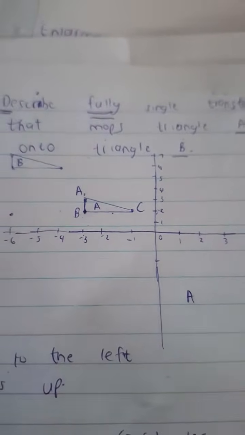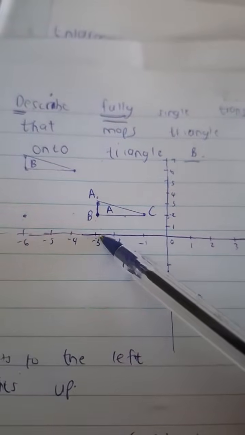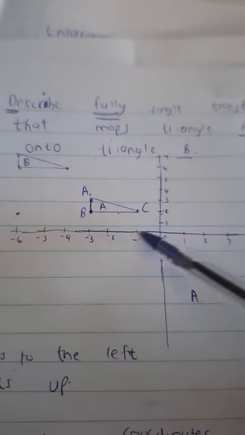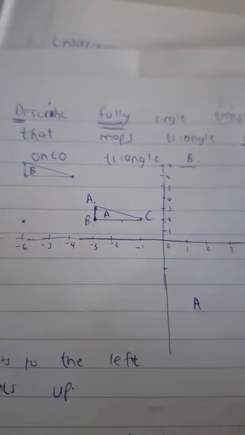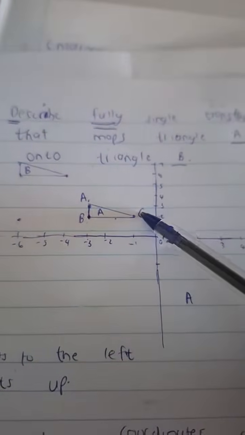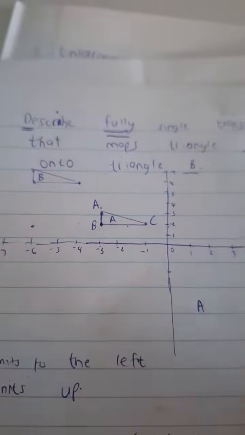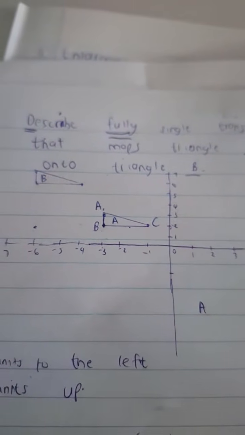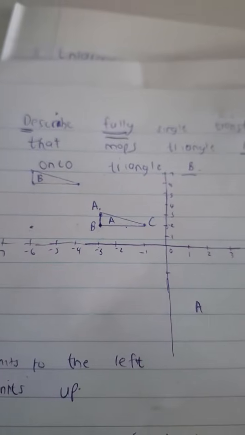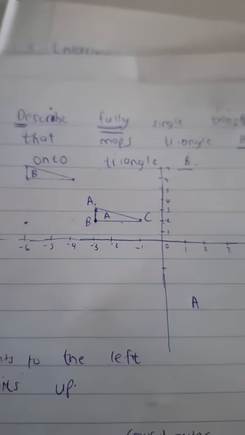Coordinates of B? X, Y. Yes, Malika, -3 and 2. And then what's the coordinates of C? I agree with you, Malika. Then coordinates of C? -1 and 2. Very good, I like.